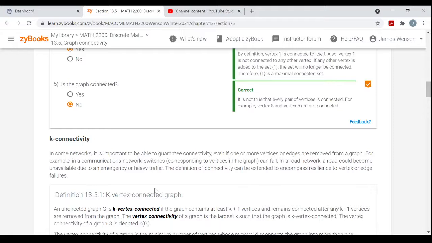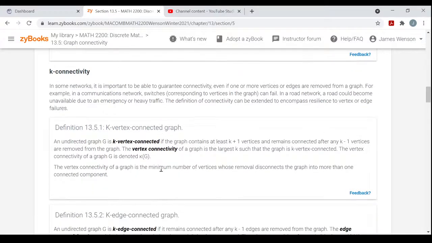All right, so now more definitions. Now this one's maybe a little trickier. We'll see. So the concept of k connectivity. In some networks, it is important to be able to guarantee connectivity, even if one or more vertices or edges are removed from a graph.